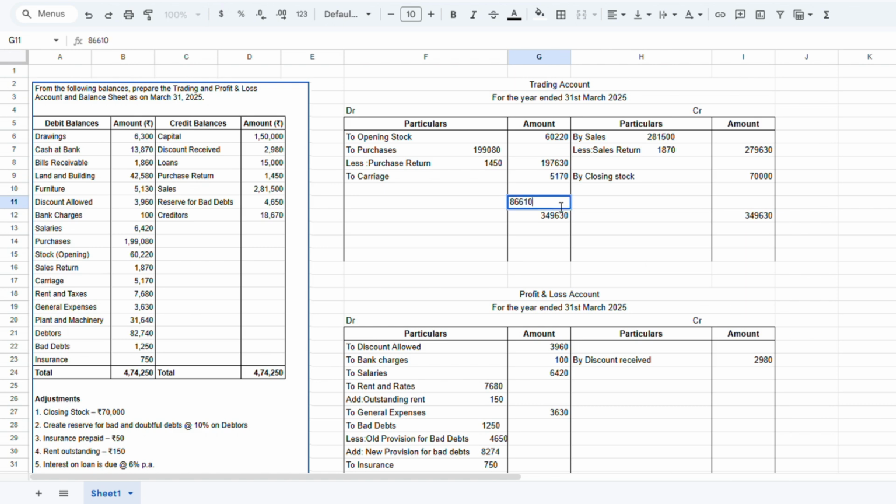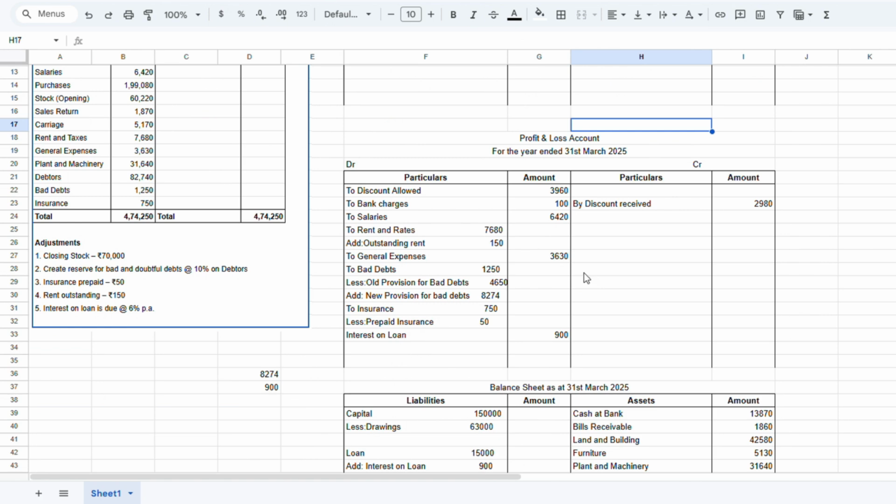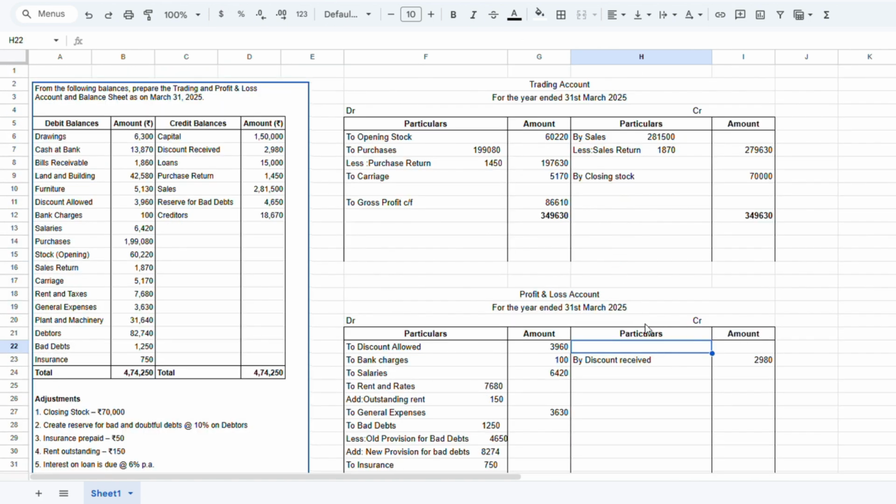So the gross profit is 86,610, gross profit carried forward.